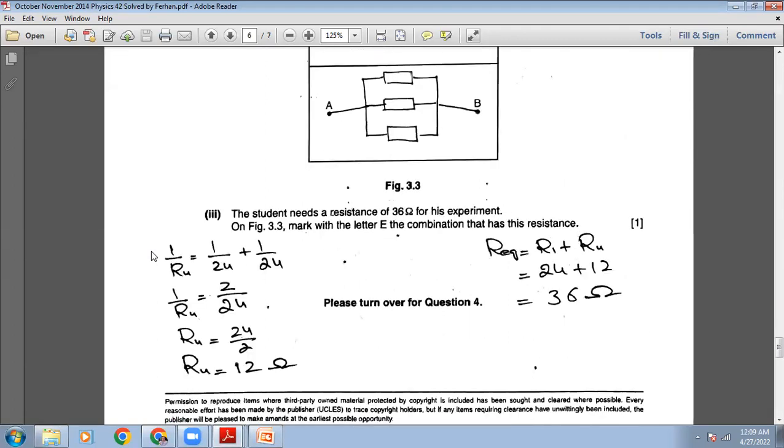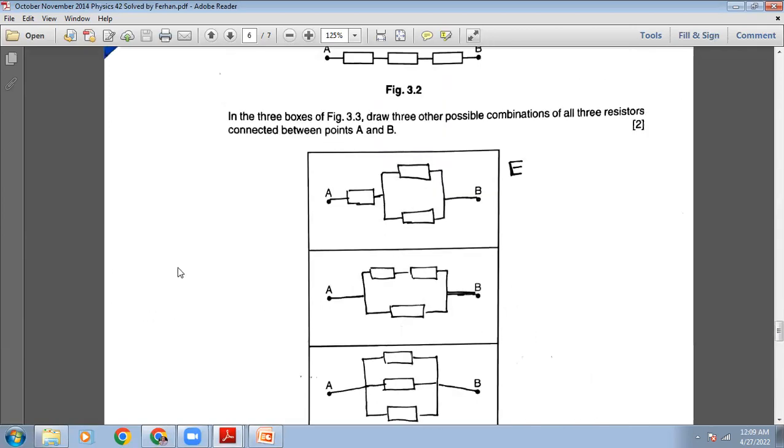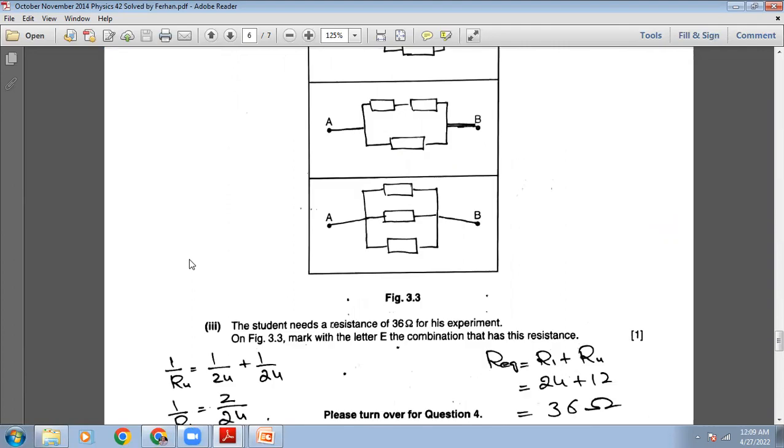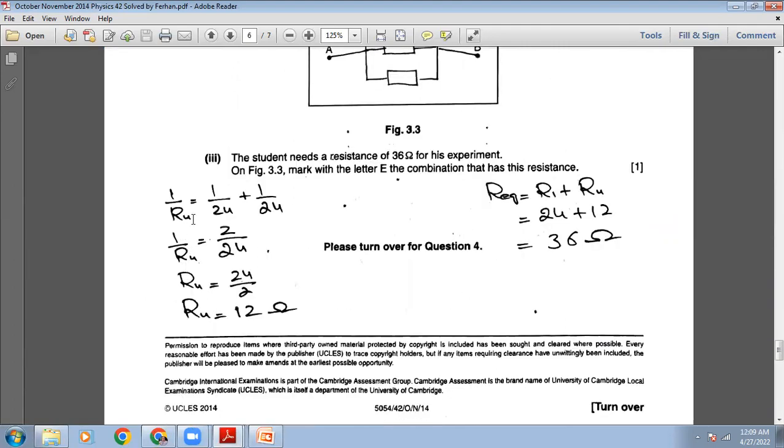Then the question is, the student needs a resistance of 36 ohm for this experiment. On figure 3.3, mark the letter E on the combination that has this resistance. If you look here, this is 24, 24, 24. These 2 are parallel to each other, so their combined resistance is 1 by R equals 1 by 24 plus 1 by 24.